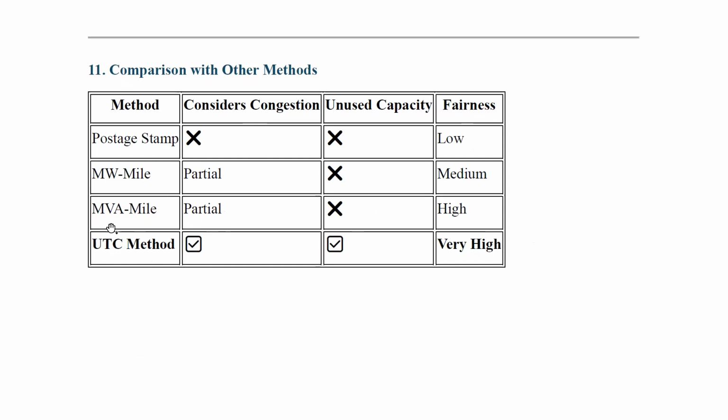So most of the transmission companies will use this UTC method to avoid losses, because otherwise the transmission companies will be in losses. So they use this UTC method for their transmission cost collection. This is the comparison with all the other methods.